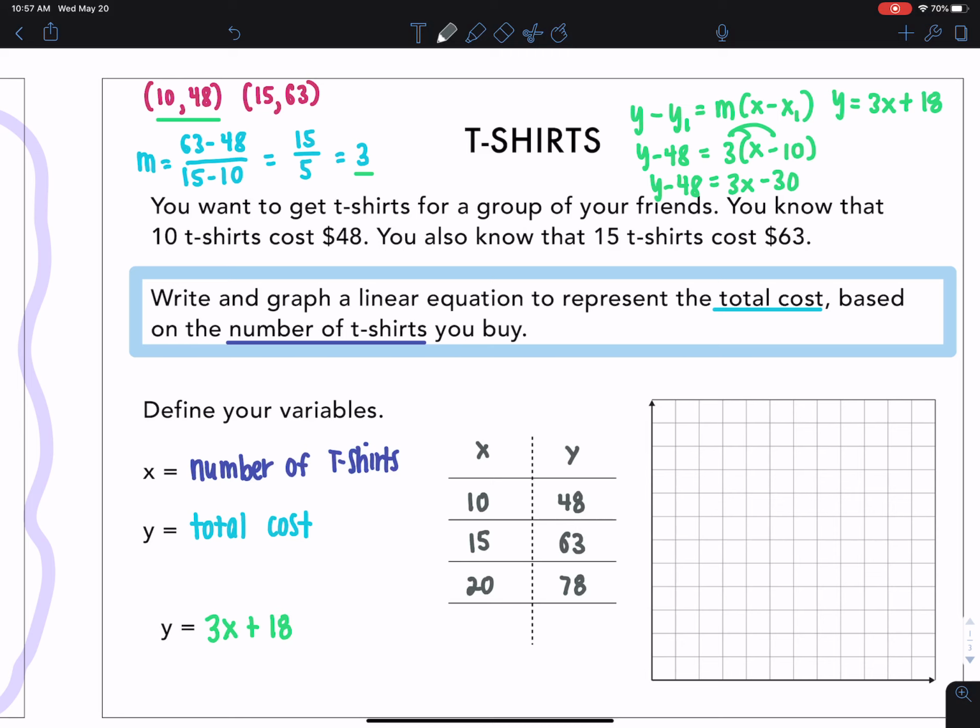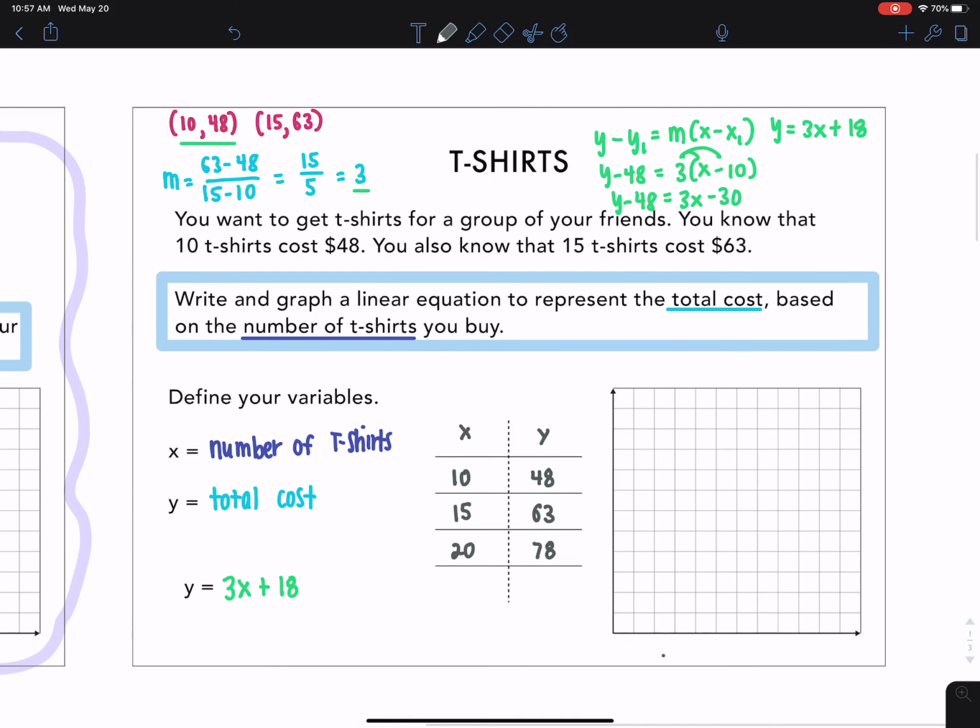Okay, so our x-axis is going to be the number of t-shirts. And then y is going to be the cost. Again, this is in dollars.